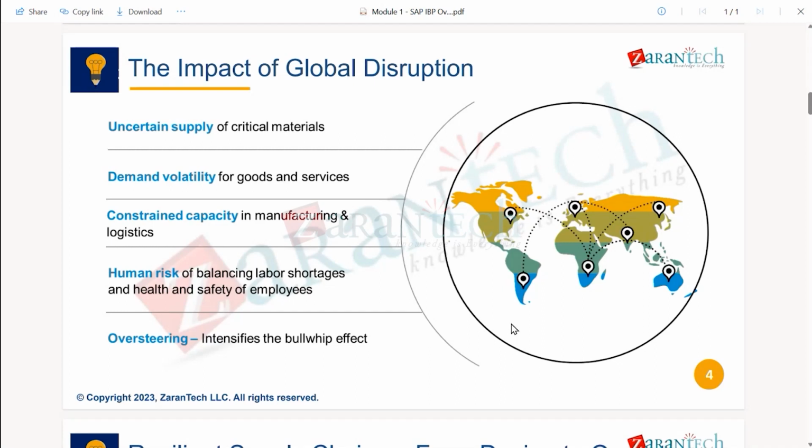So it's extremely important to identify whether the demand is realistic or not, because eventually the supply chain organization is impacted by such falsified demand.